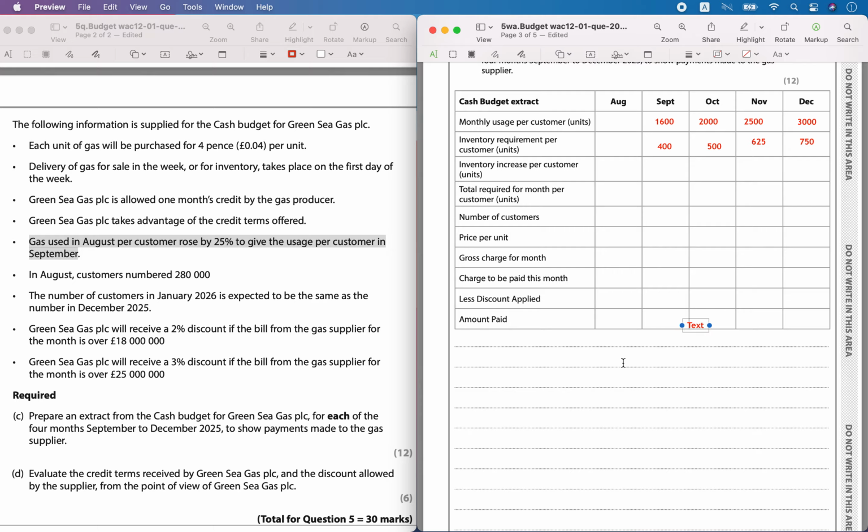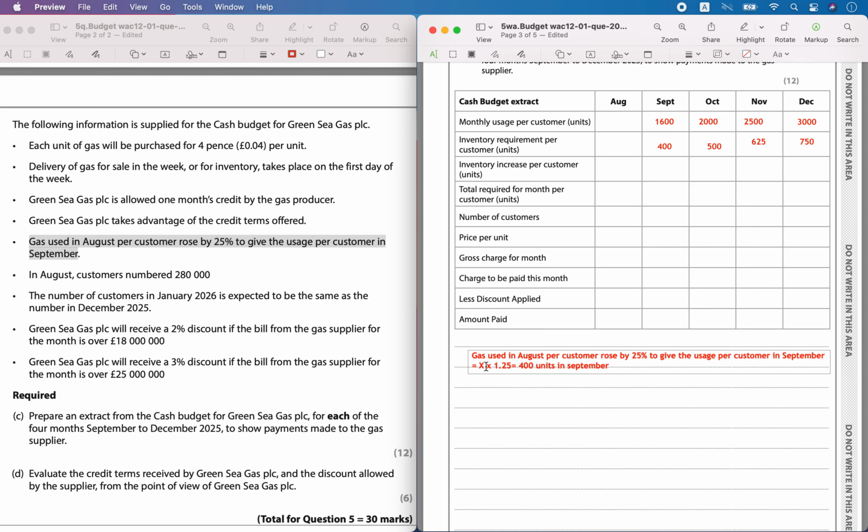Then in the month of August, it rose by 25%. So what does the statement mean? It means that whatever the usage in August was, times 1.25, must be equal to 400. So per customer, the units used increased by 0.25.